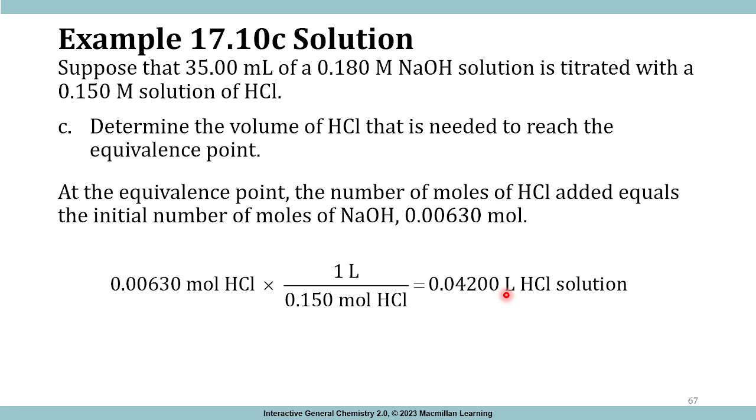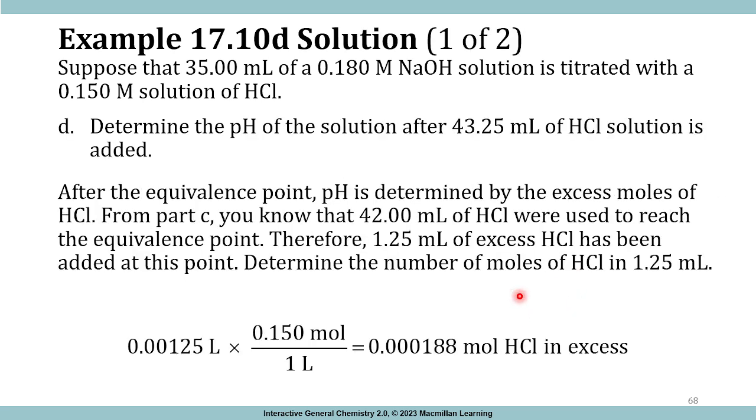But we could also take this volume here and subtract it off of the volume right there. So it took 42 milliliters to get to neutrality, to get to the equivalence point, didn't it? So we have an excess of 1.25 milliliters, don't we?